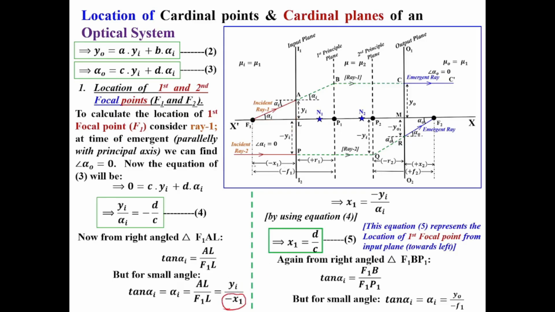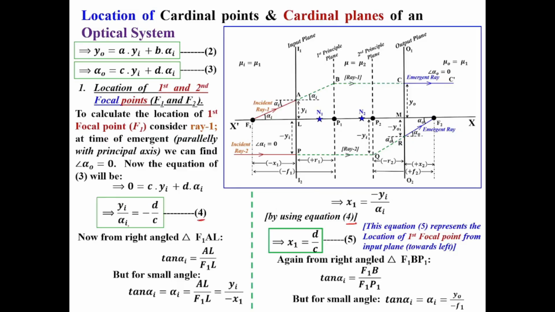So here this length from F1 to L, length is how much? X1, but we have to consider minus X1. Here minus X1. Got it? That implies X1 will be equal to minus yi by alpha I, by using equation number 4.